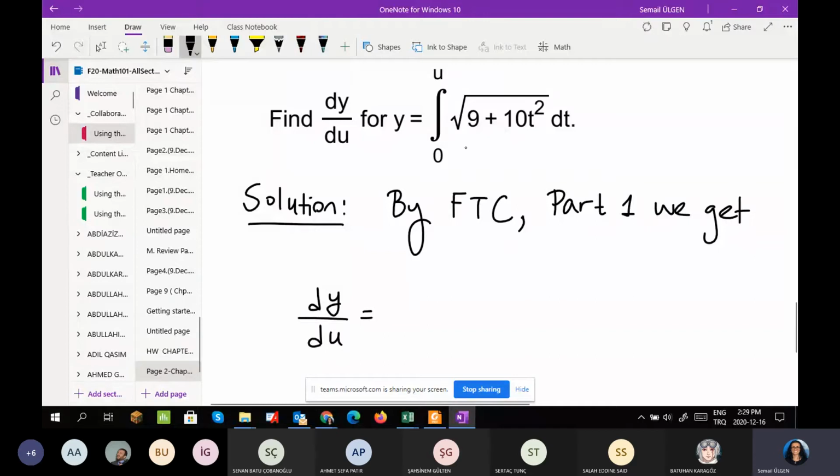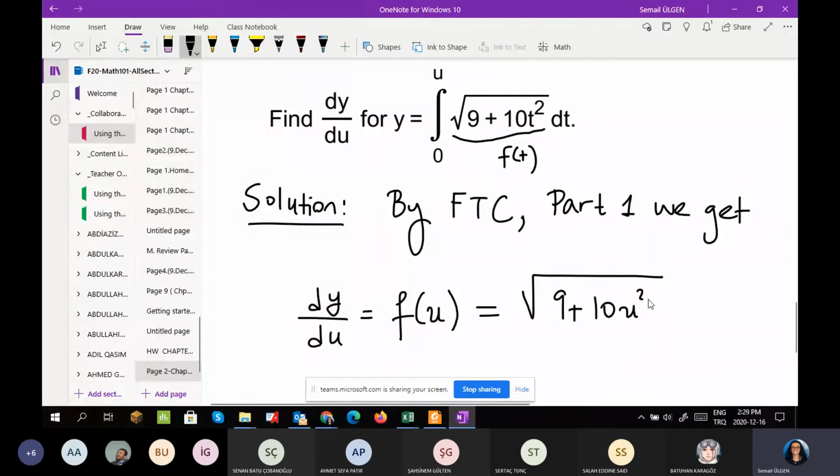This is little f, f of t. dy/du is going to be equal to f of u by fundamental theorem of calculus part 1. So the answer is 9 plus 10u squared. Okay? This is done. So this is very easy, but there are different versions and maybe harder versions of it.